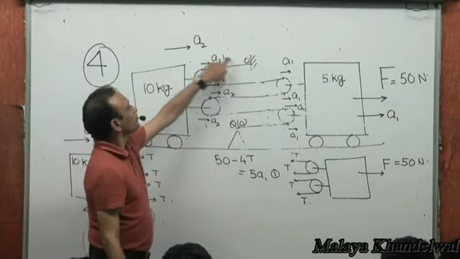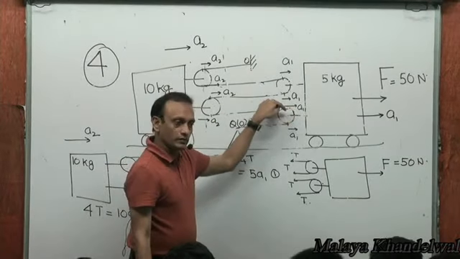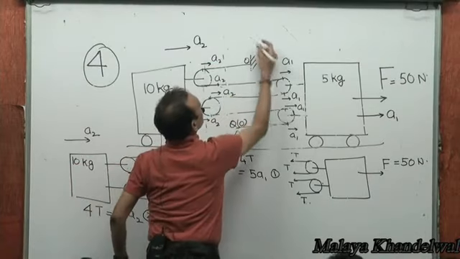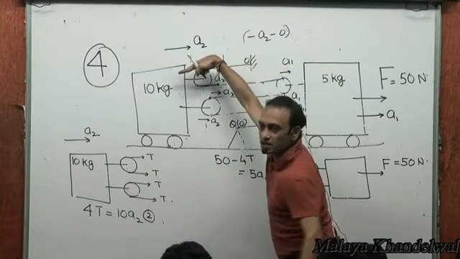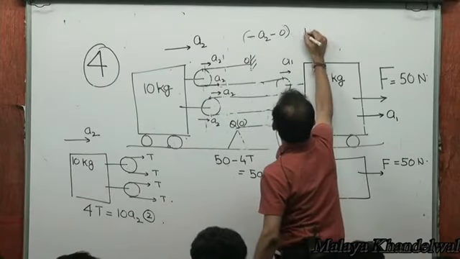Let me then customarily go through this entire string with the string constraint that I mentioned. I go from here to here: in the direction of traversal, minus A2, minus 0. Then I go from here to here: A1 minus A2.